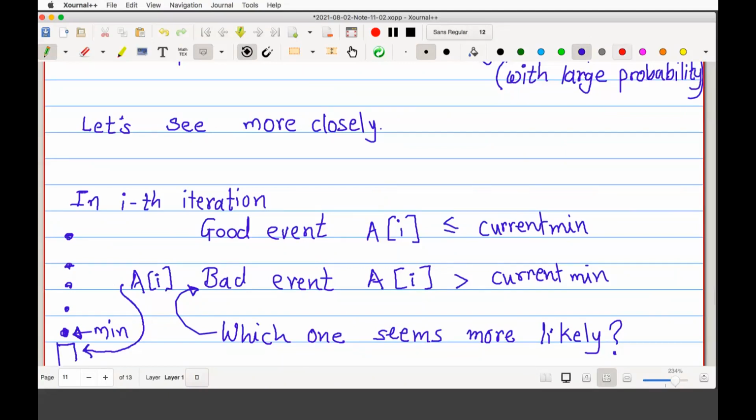And the bad event is that it falls anywhere here, right? So it seems much more likely that it will fall into this range above the minimum.